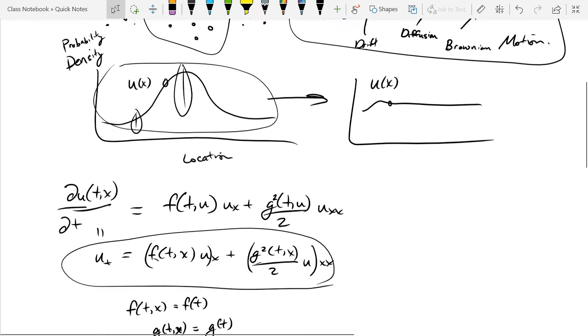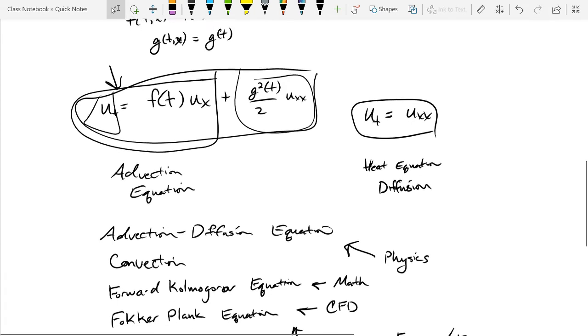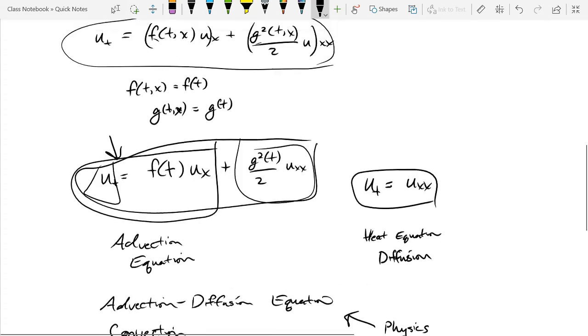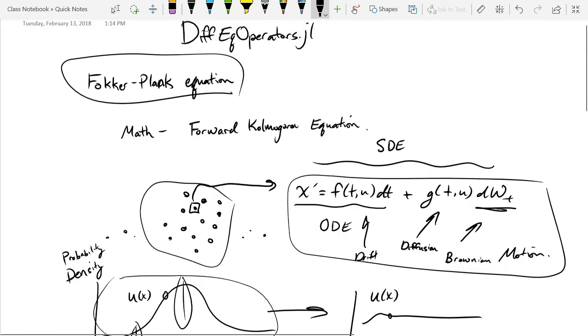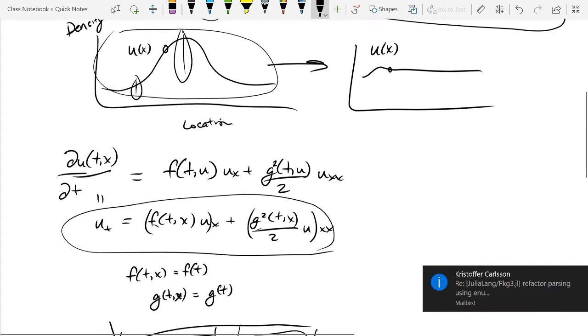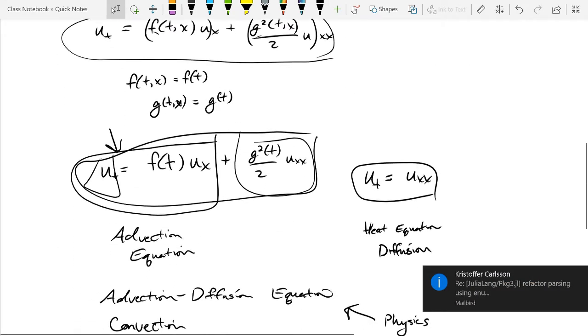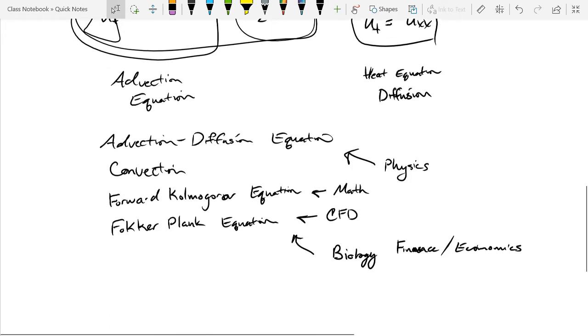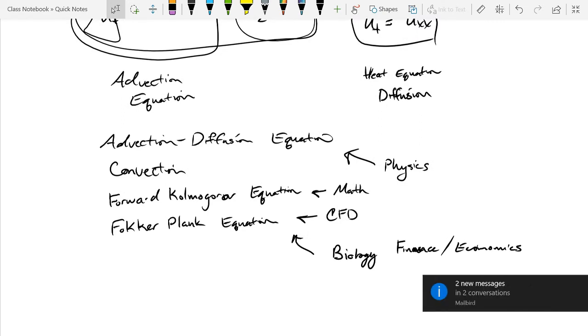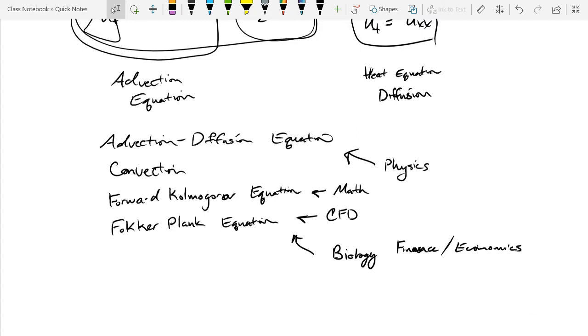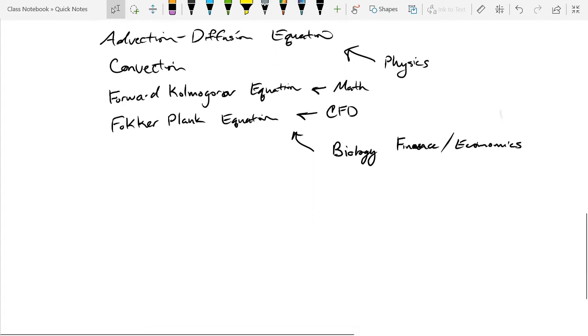And then a lot of people use this for the Fokker-Planck, or the Forward-Kolmogorov version, where you have a stochastic differential equation and you want to get the probability distributions as they evolve over time. That is highly used in, say, economics or finance. So for all of these reasons, so many disciplines want to have the solution to this, and so this is a good equation to start building towards.